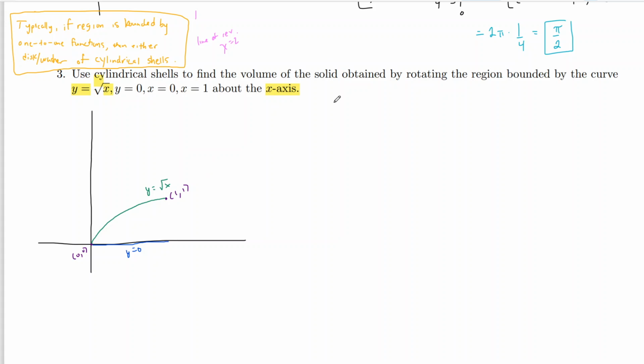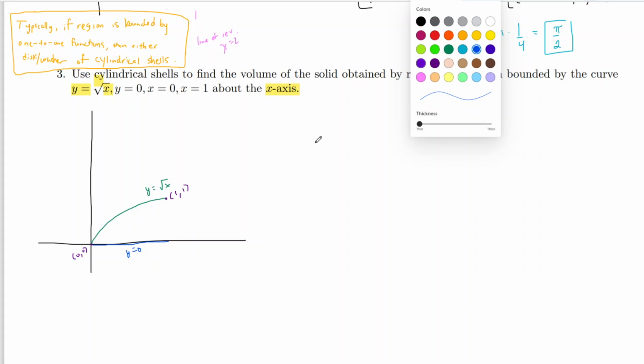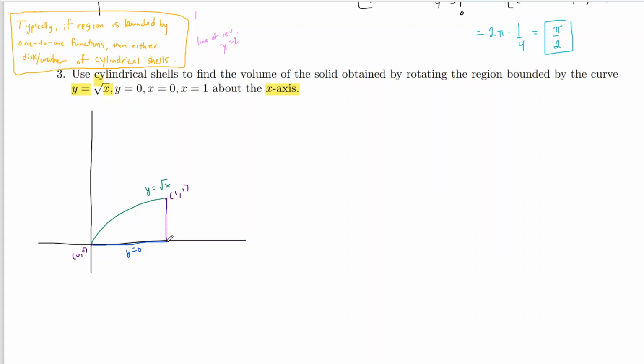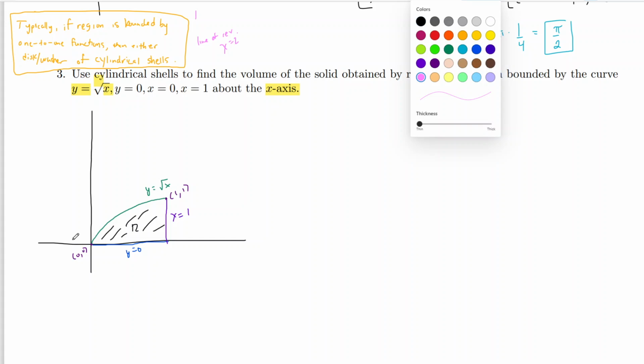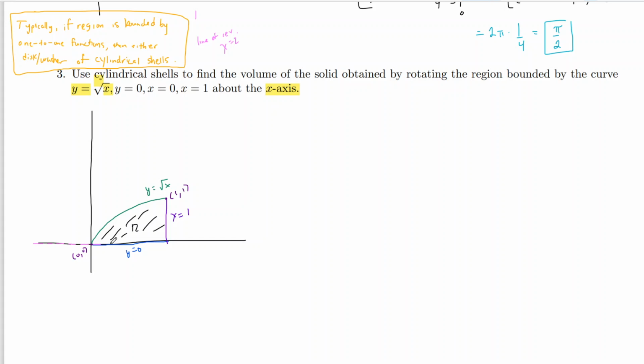And we do need to draw in the x equals 1, which is the vertical line here at x equals 1. So if you go ahead and graph all 4 of these things, you'll get this little region that we want to rotate. And we want to rotate it about the x-axis. That's our line of revolution or rotation.